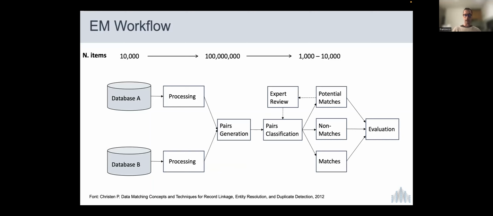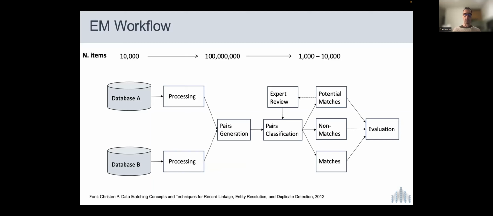Then you classify these pairs. You may find that some are matches, some are not matches, and some are potential matches based on some threshold. Potential matches are items that are similar, but not similar enough to be sure they are matches. An expert typically would review these and also make some iteration in the classification.